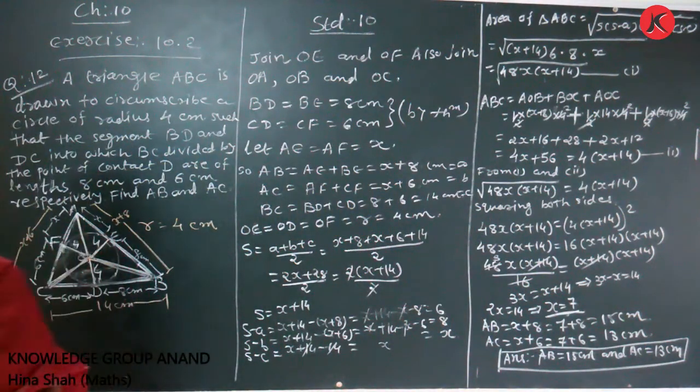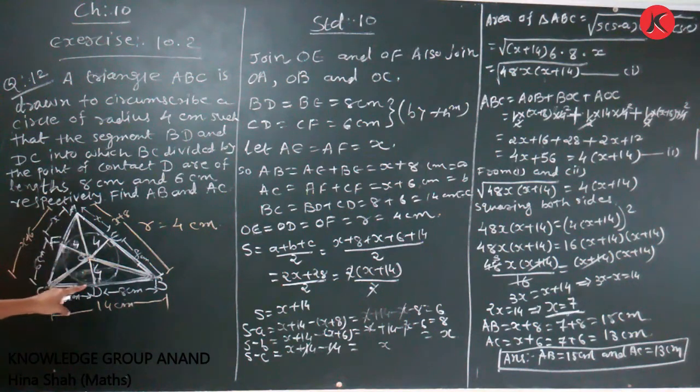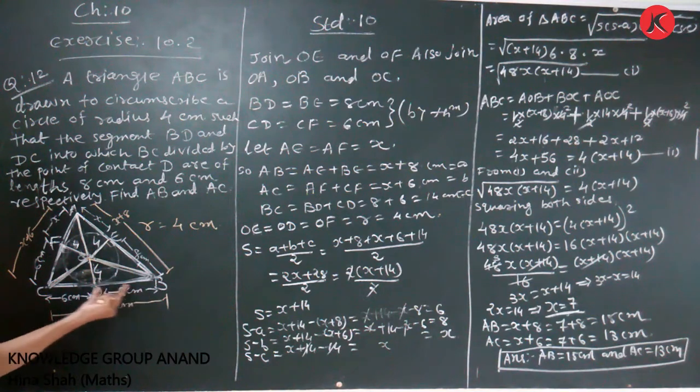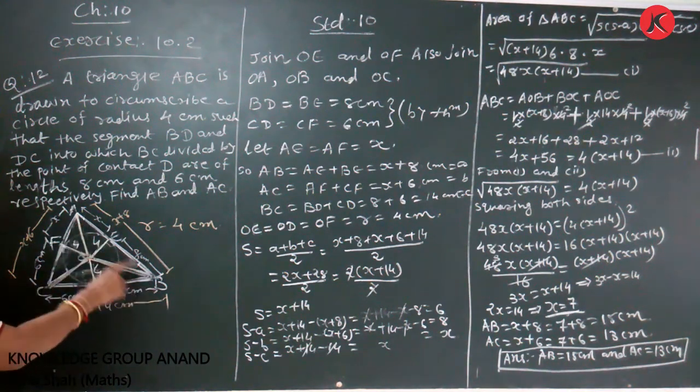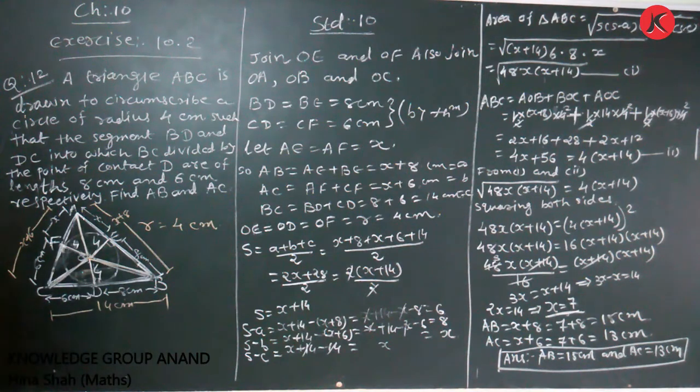Okay. Again, in triangle ABC, D is the point of contact and given BD and CD, BD is equal to 8 centimeter, CD is equal to 6 centimeter, and radius is equal to 4 centimeter. Find AB and AC.